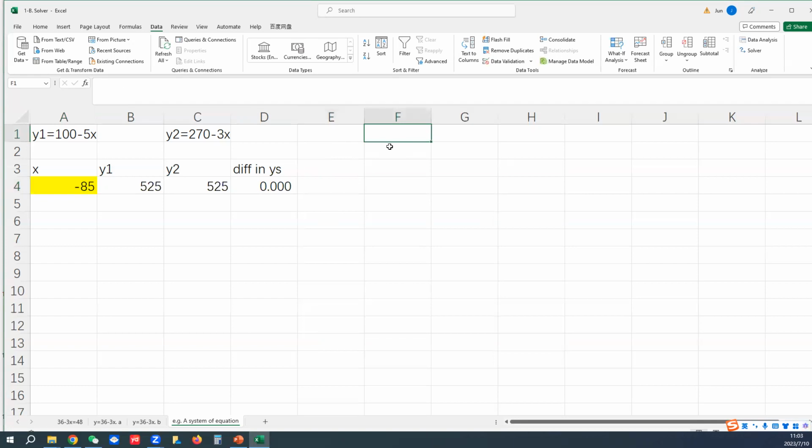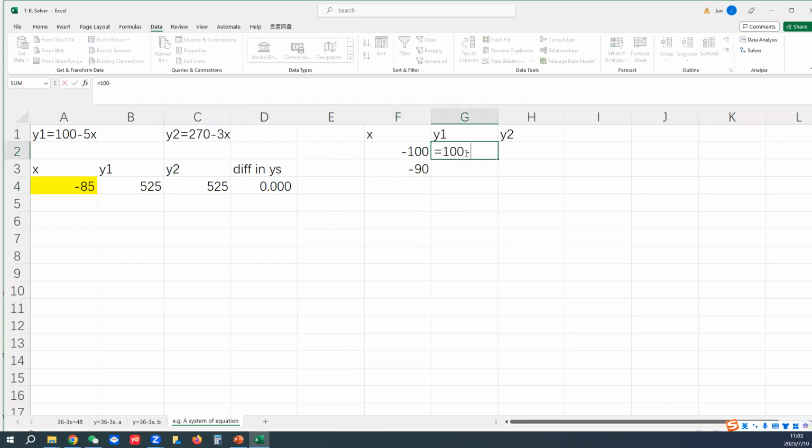So as an extension, I would like to show you what the graph is like. So let's do from minus 100 to minus 90. And here y1 again is 100 minus 5 times x. X is here.